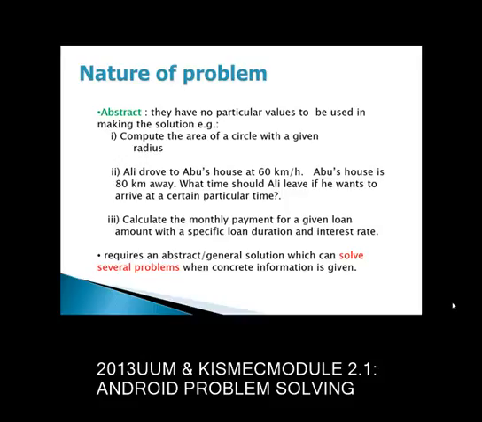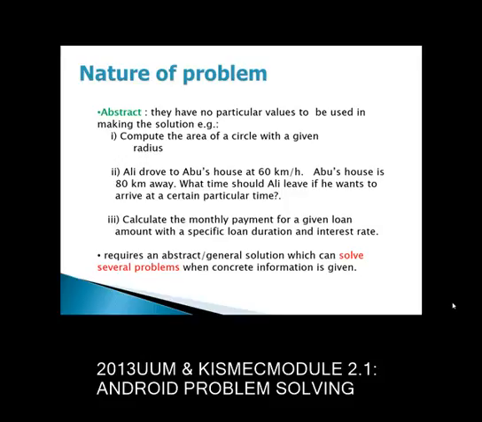The user can input the value and get the value for the area. This is what we call a generalized or abstract solution that can be used in programming and in developing software. So we have an abstract solution, and the same goes for the second example.